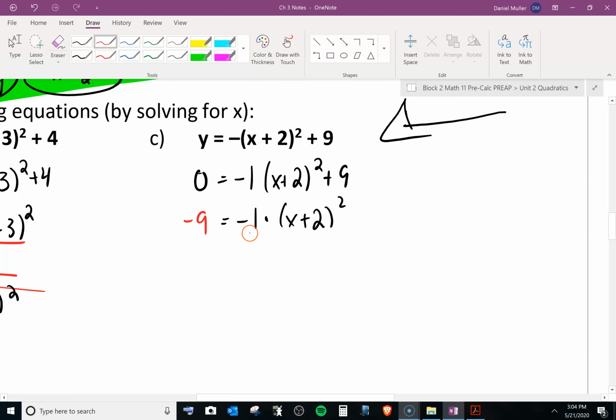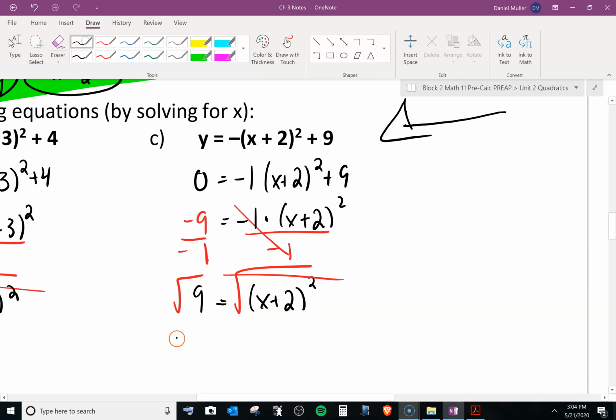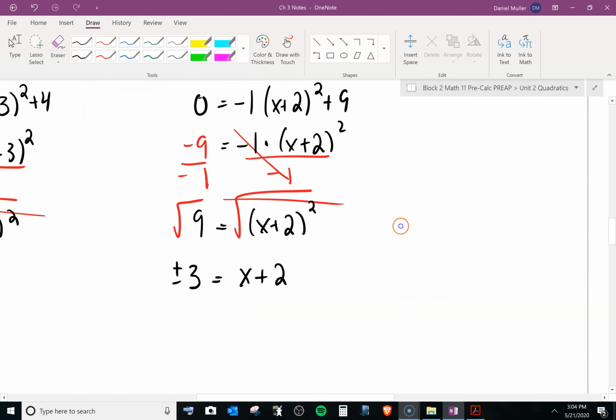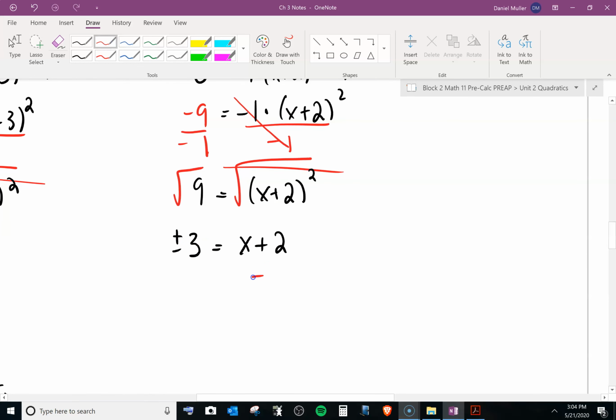Now I can get rid of any multiplication by dividing. So 9 equals x plus 2 squared. Then I can square root. So plus or minus 3 equals x plus 2. And then I can minus 2 from both sides.